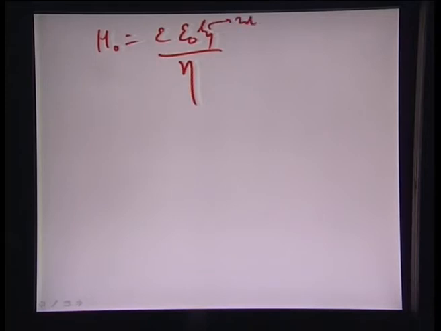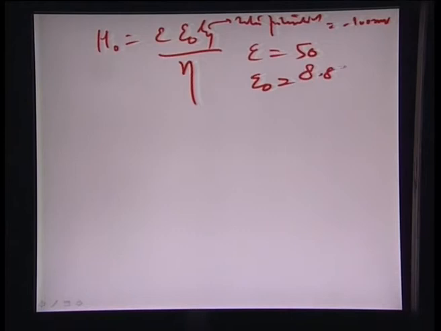Zeta is given, the zeta potential of the surface, as about minus 100 millivolts. And the dielectric constant epsilon has been given as 50. The permittivity of vacuum has been given as 8.85 times 10 to the power of minus 14 farad per centimeter.